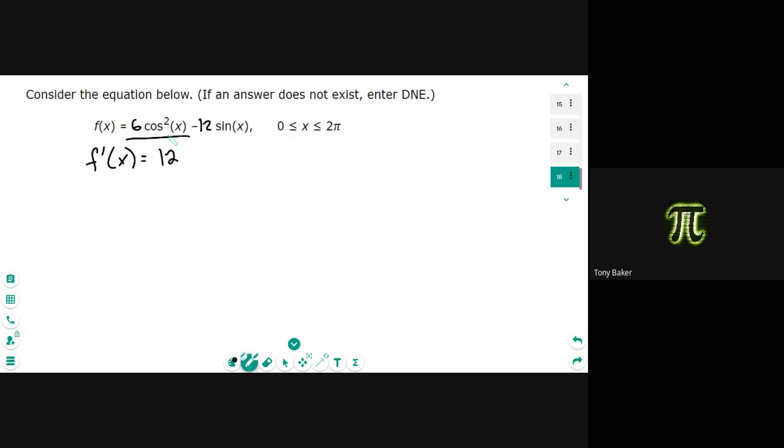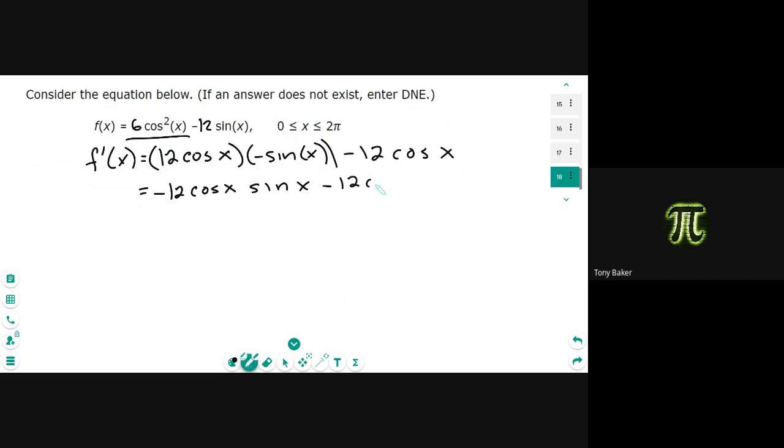You have to do the chain rule because of the square. You brought it down, but you forgot to multiply by that piece. So in essence, we get 12 cosine x times negative sine x, and then minus 12 cosine x. So negative 12 cosine x sine x minus 12 cosine x.